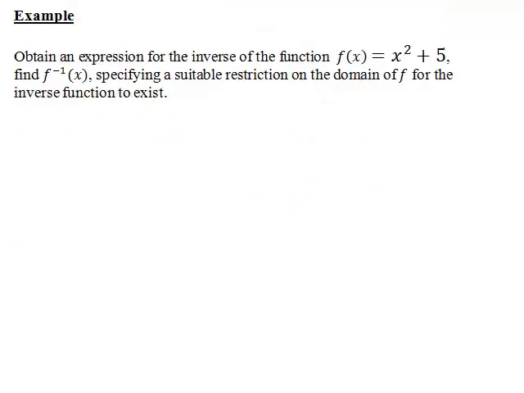Let's look at obtaining an expression for the inverse of the function f of x equals x squared plus 5. So in this particular case, let's start off for convenience by writing that just as y equals x squared plus 5, writing y for f of x. It can help to look visually at what this function is like.